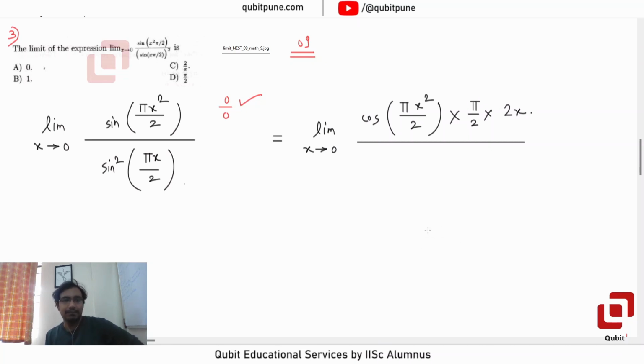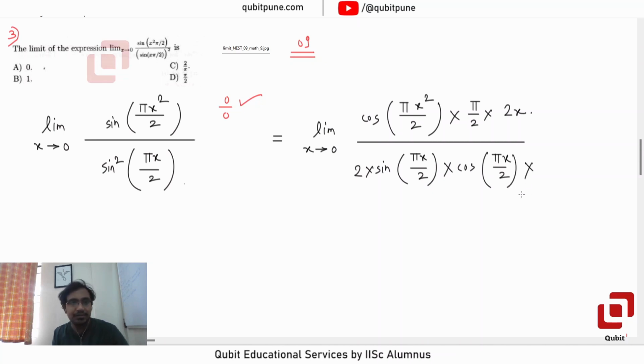In the denominator we have got sine squared, so it will be 2 sine pi x by 2 into cos pi x by 2, because first we have taken the derivative of squared. Now the inner function is sine. Its derivative is cos. And then this should be multiplied by the derivative of pi x by 2, which is pi by 2.